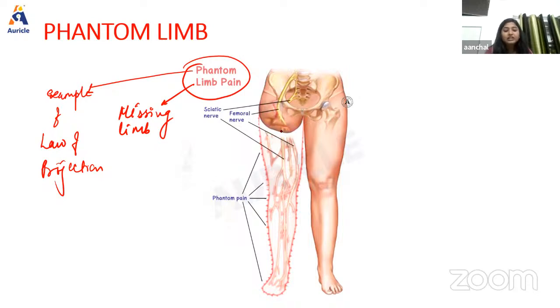If the cut ends of sensory fibers are stimulated during the movement of the thigh, then the patient feels as if the sensation is originating from the non-existent leg. Sometimes the patient feels pain in the non-existent limb, and this type of pain is known as phantom limb pain. So this is all about the concept of phantom limb.